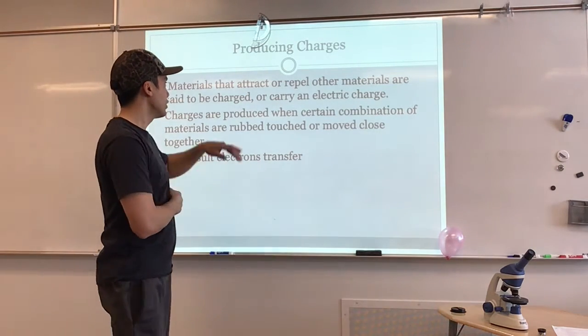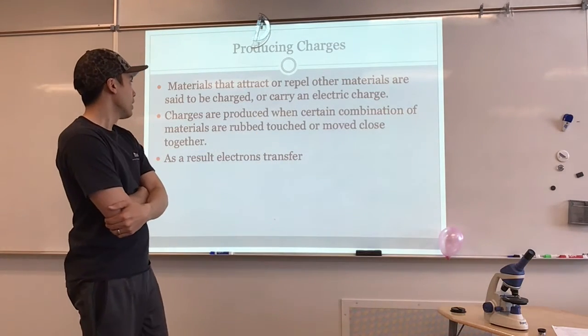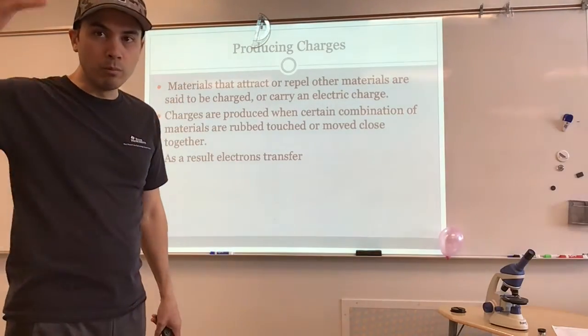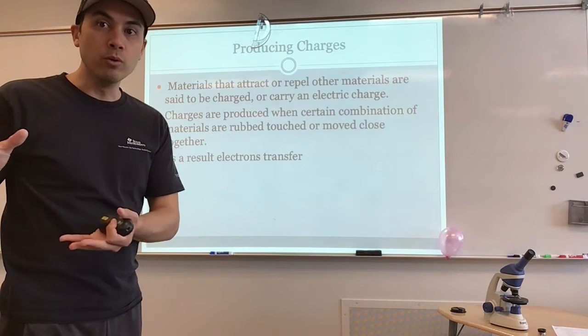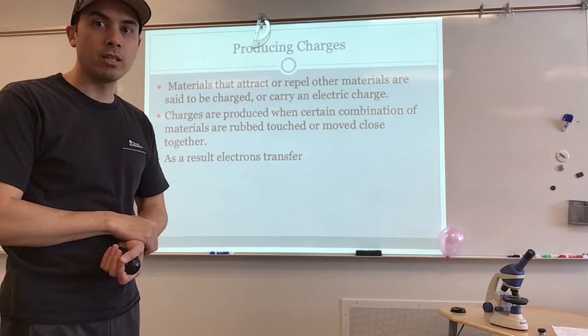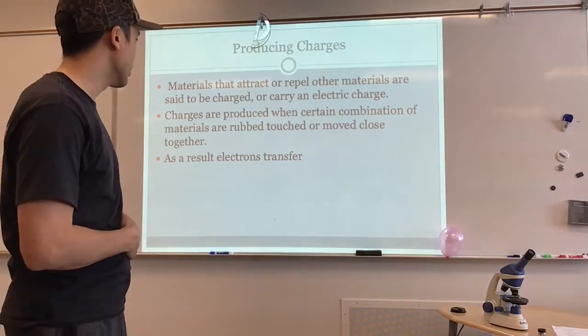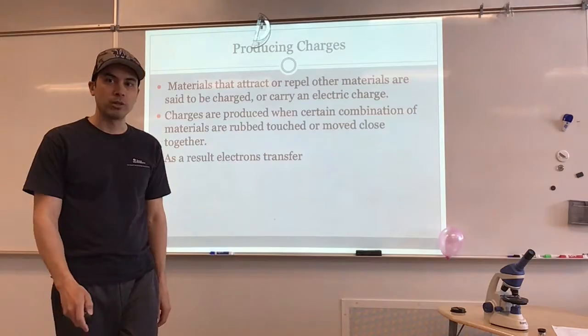These materials carried an electric charge. Through that process of the balloon moving across my head, charges transferred from one material to the other, and as a result, static electricity was built up because of this electron transfer.